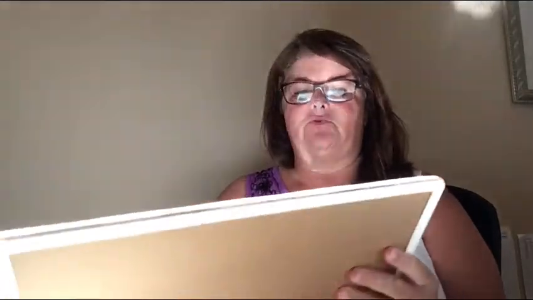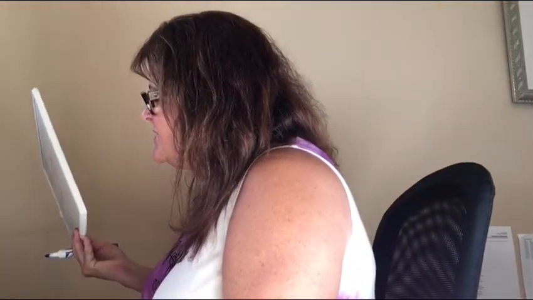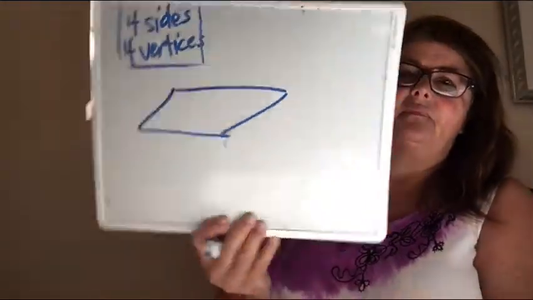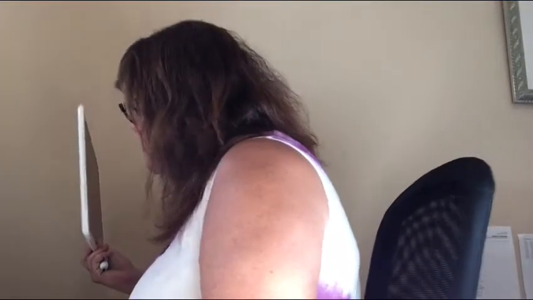So, watch. I'm going to draw it different. Four sides and four vertices. My lines are not straight because I'm holding the board and drawing at the same time, so just pretend my lines are very straight. The corners, the points, are called vertices.